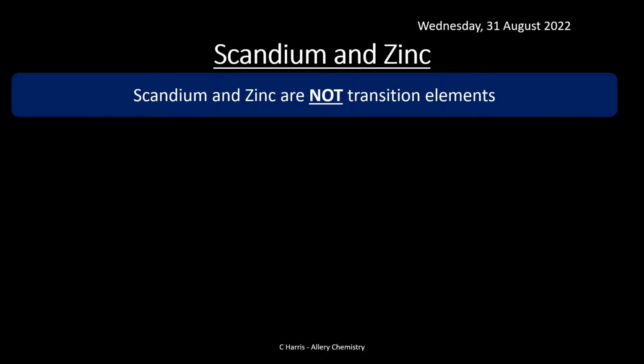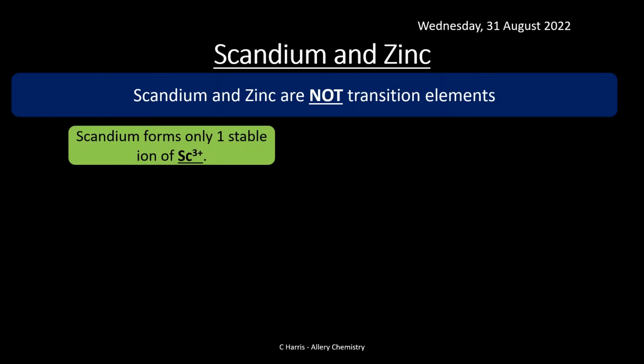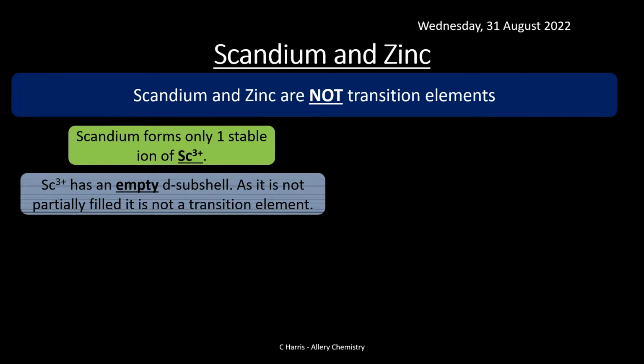Okay. So scandium and zinc, as we isolated before, are not transition elements, and we need to understand why. Scandium only forms one stable ion, and that's scandium 3+, Sc3+.